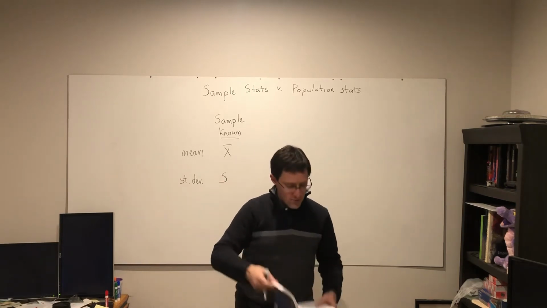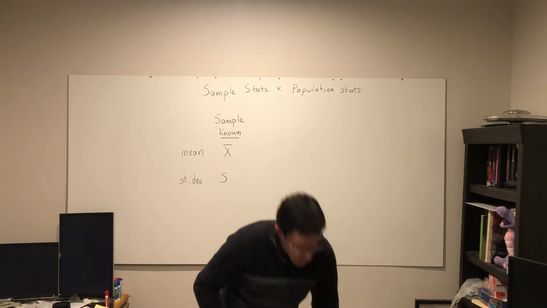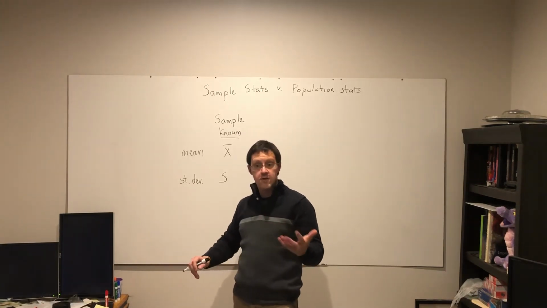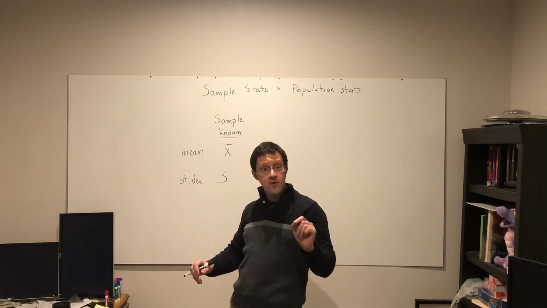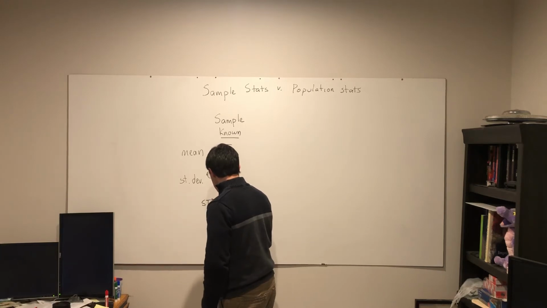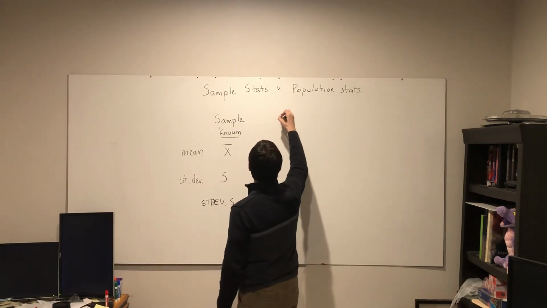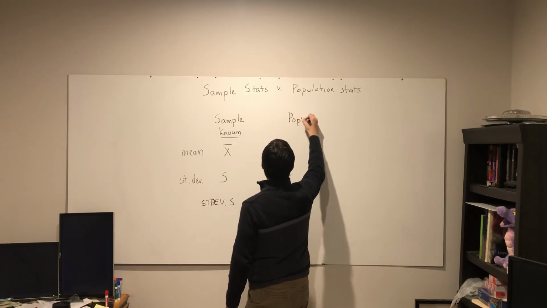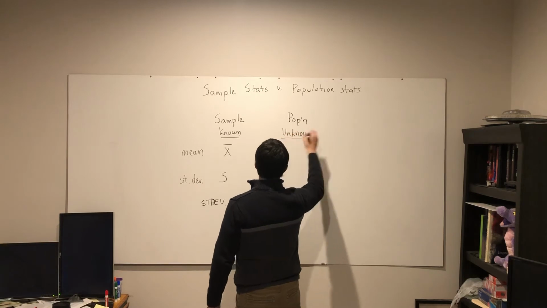If you are working, especially in Excel, and you look at the standard deviation formula, you will notice there is STDEV.S if you're working with the sample, versus a population.